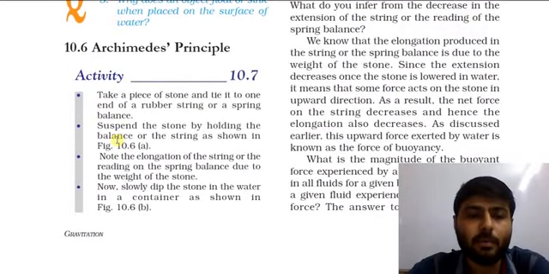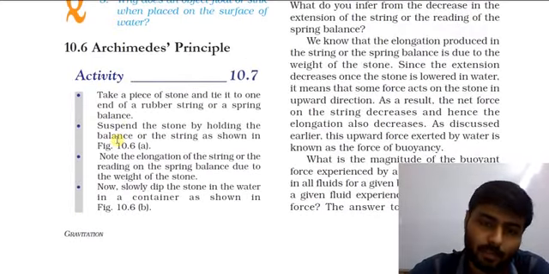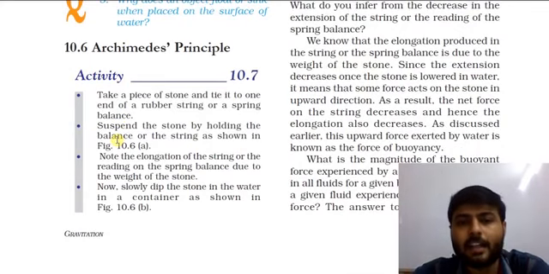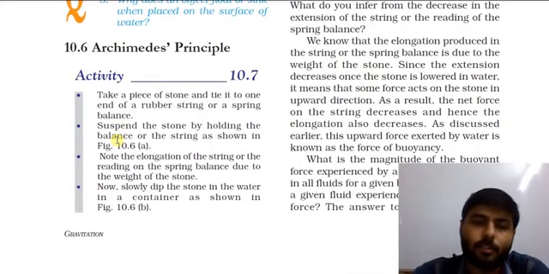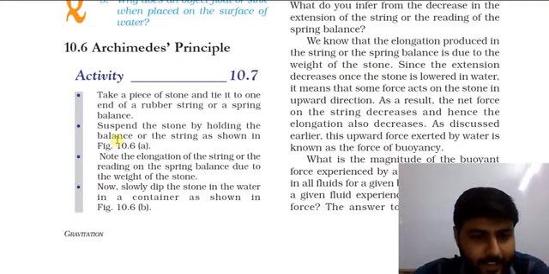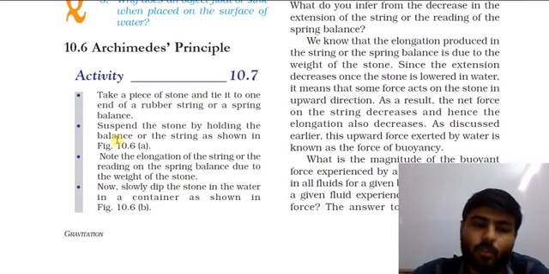Now we have Archimedes principle. We understand this principle by one activity. Let's take a piece of stone and tie it to one end of a rubber string or spring balance.